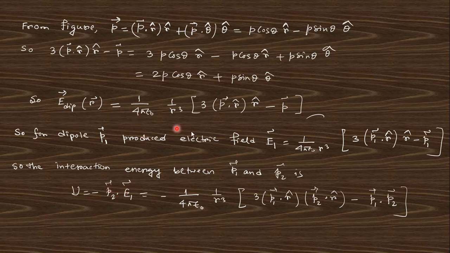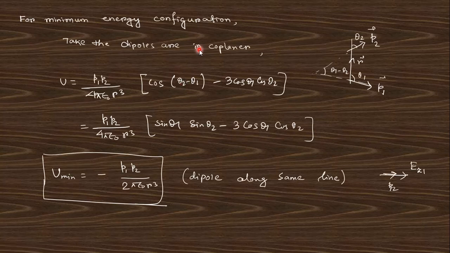So we get this electric field for dipole 1, and the energy due to dipole 2 will be like that. This is the energy. If you want to find the condition for the minimum energy, the first one is that they must be coplanar. For the coplanar case, you can draw this diagram, where this angle is theta 1, this angle is theta 2, and the angle in between is theta 1 minus theta 2.